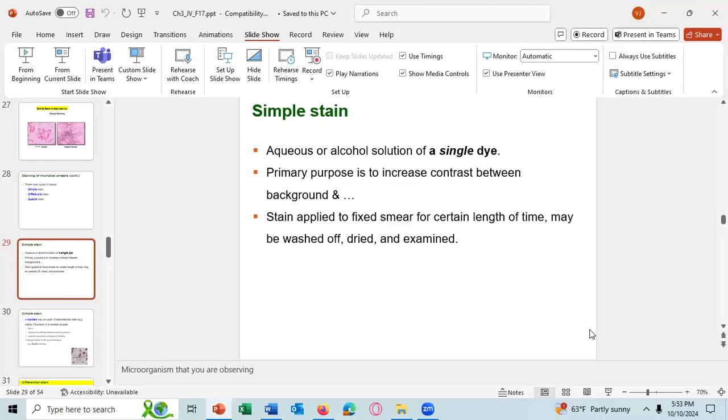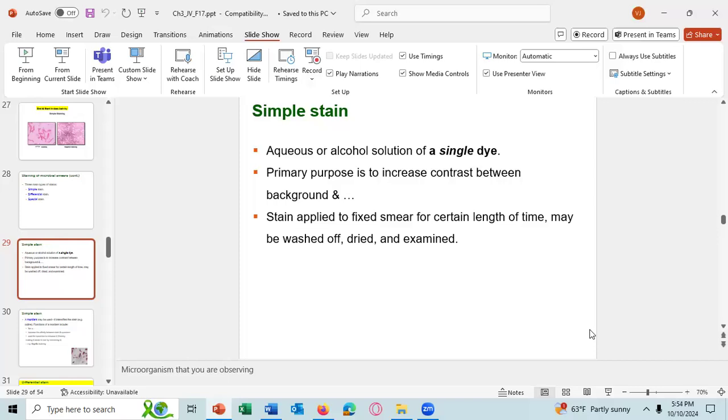The primary purpose of a simple stain is to simply increase the contrast between the background of the slide and the specimen. With a simple stain, you can determine the shape of the cell, and that's about it. You can't see any differences in the cells because all cells will be stained the same color by the one single dye.